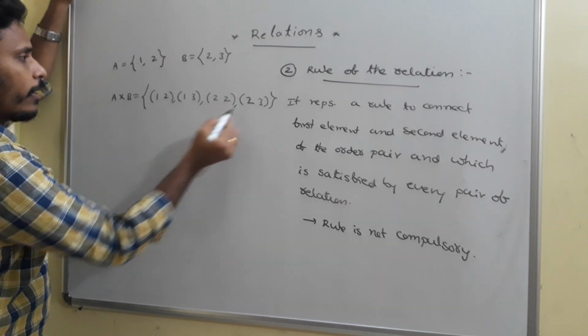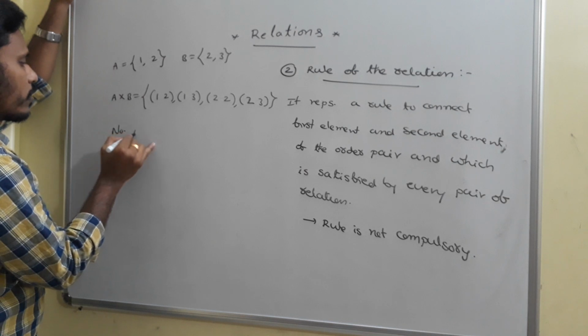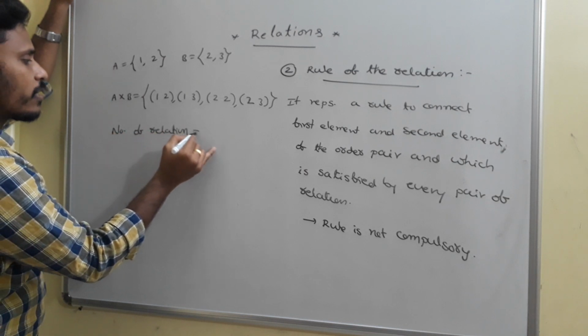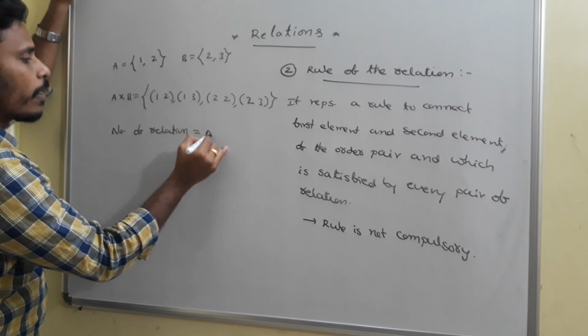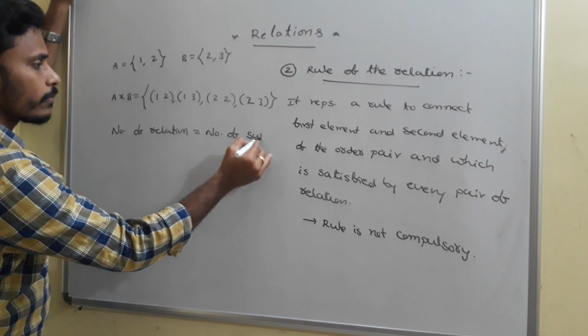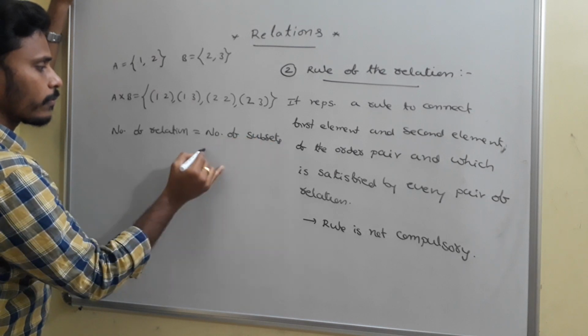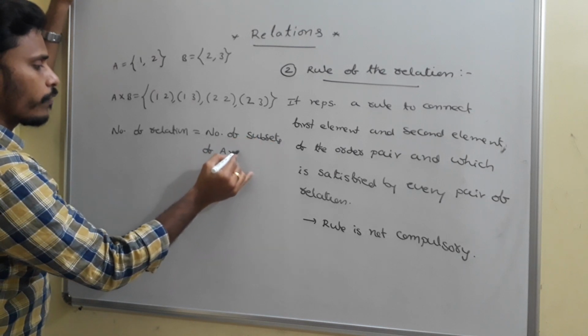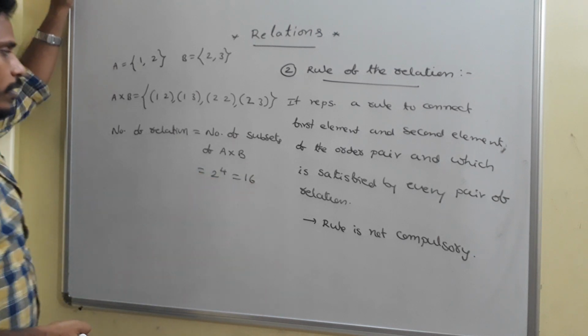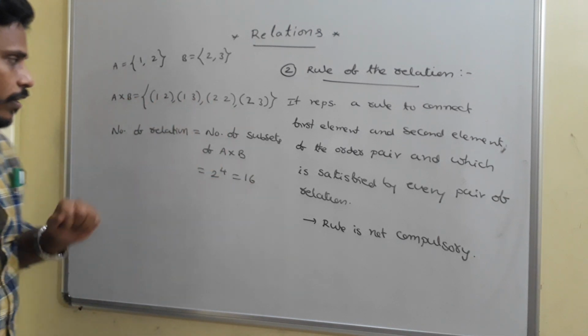How many relations do I have here? The number of relations is equal to the number of subsets of A cross B, which is 2 power 4, that is 16. There exist 16 relations from A to B.